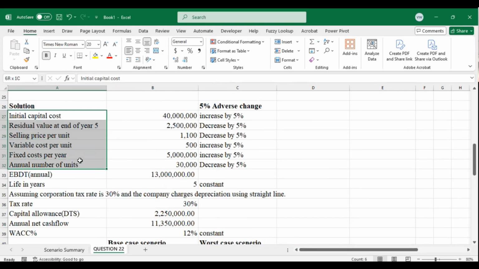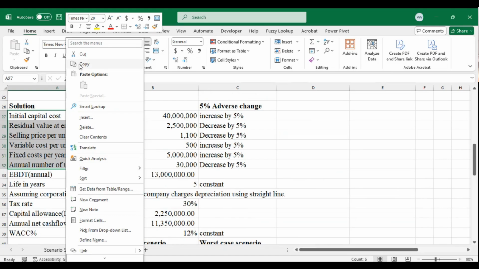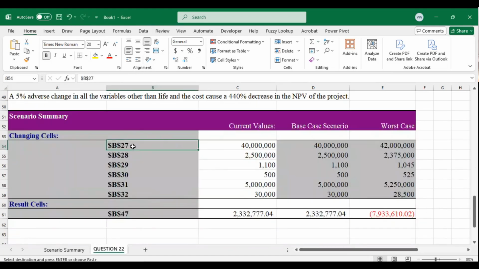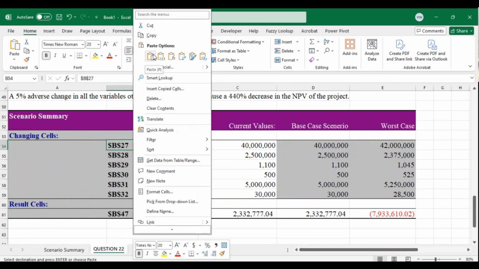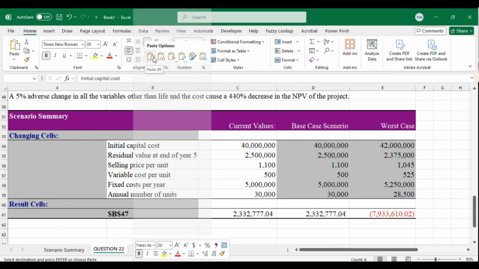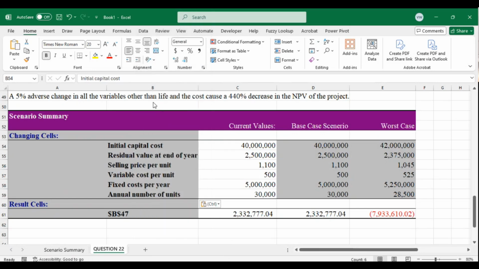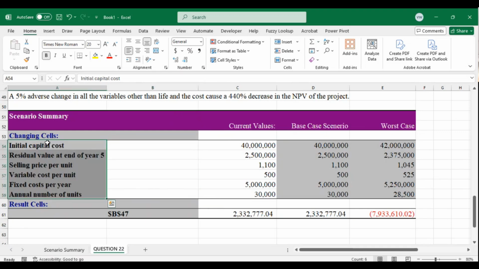I can just copy this and paste these here, B27 to B32. Because we don't need this space, let me utilize it. Instead of changing cells, I can call these changing variables.